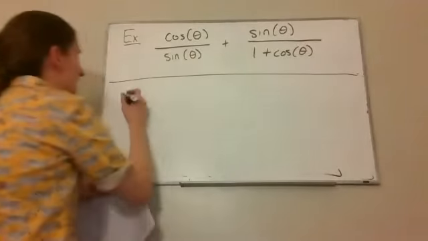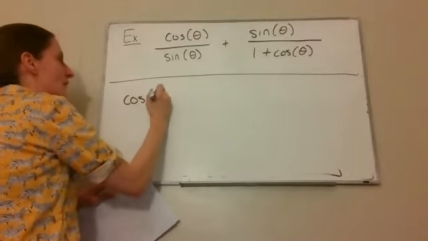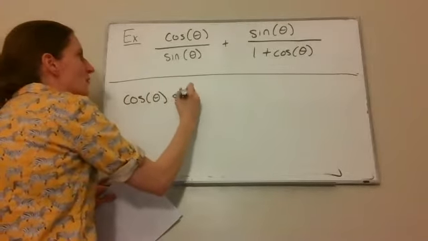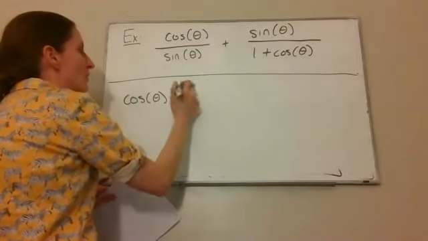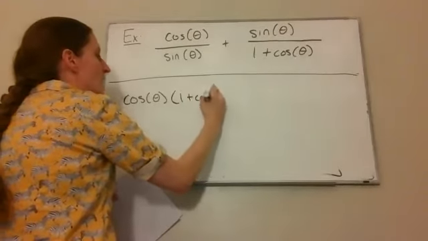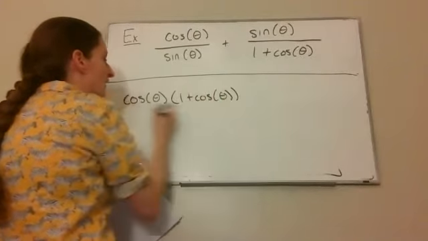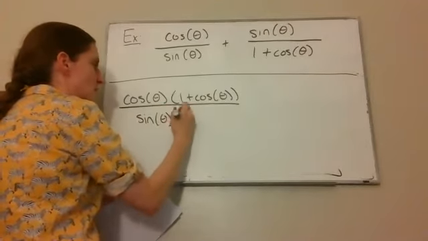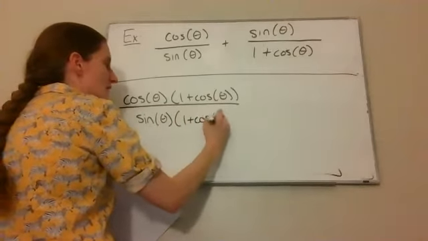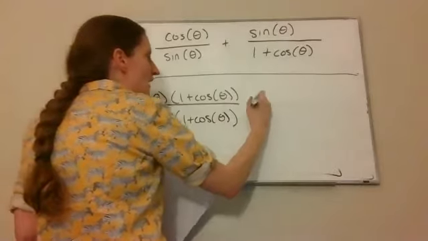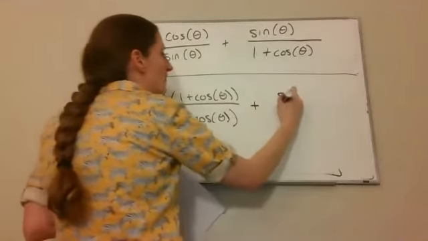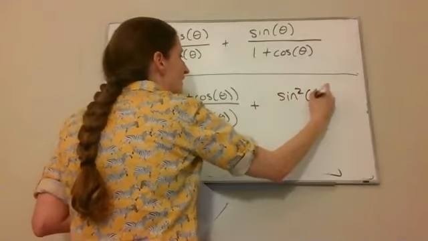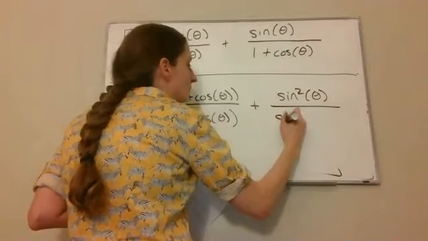If I do that, my first fraction I would have to multiply by 1 plus cosine of theta on the top and the bottom. And my second fraction would need to be multiplied by sine of theta on the top and the bottom.